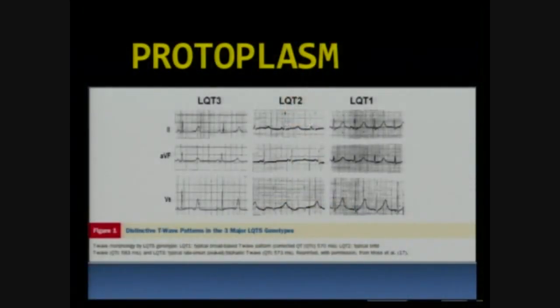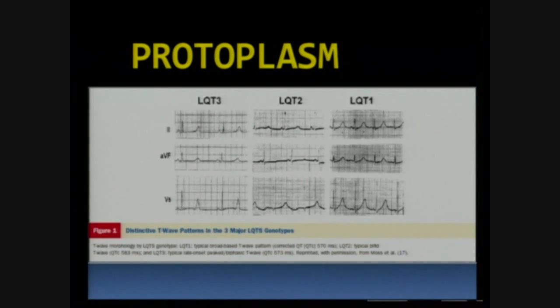So again, variable penetrance. They talk about the 3 most common types of long QT syndrome, long QT1 actually being the most common. They talk about different morphologies of the T waves, which I can't really understand, to be honest. But again, a swimmer who drowns and has no other medical problems, someone playing basketball and dies.